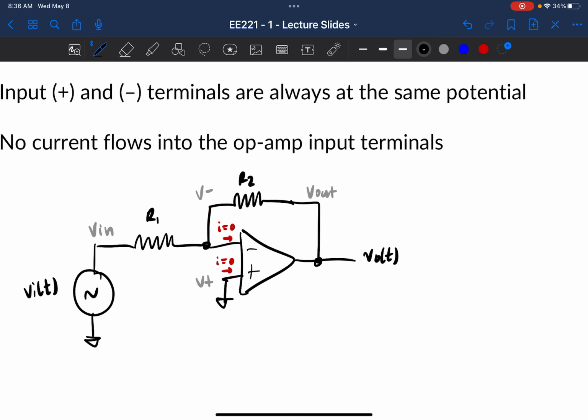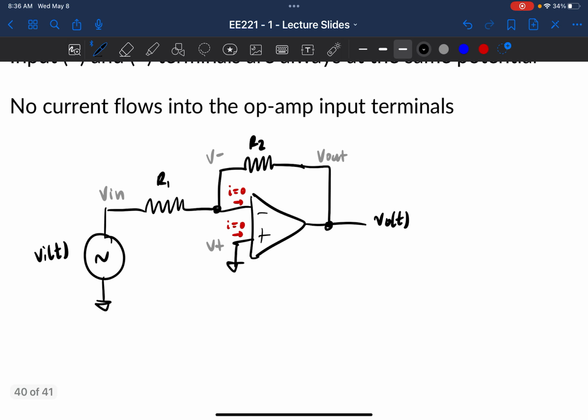So if I wanted to write the expression for this circuit exactly like I just said, I would take the current through this resistor, IR1 of t, and the current through this resistor, IR2 of t, and I would equate them.